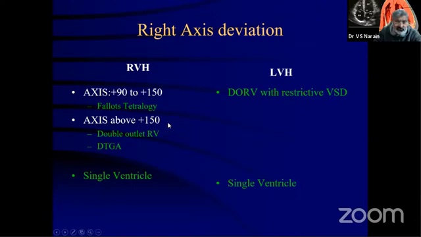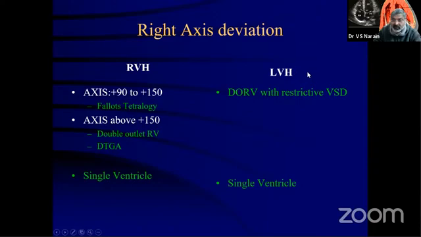But if your axis is more than 150, then you are probably dealing with double outlet right ventricle or even a D-transposition. So right axis RVH is a common combination in tetralogy physiologies, but the degree of axis deviation helps you. If the extreme right axis deviation is 150 plus, then it's a DORV or a DTGA situation.